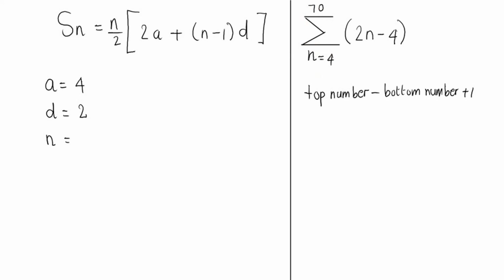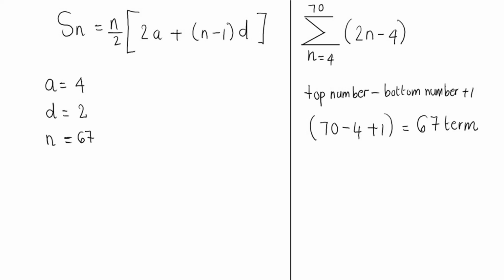So let us do that. 70 minus 4 plus 1 is equal to 67 terms, right? So now we know that we've got 67 terms, and that is going to be our n value.